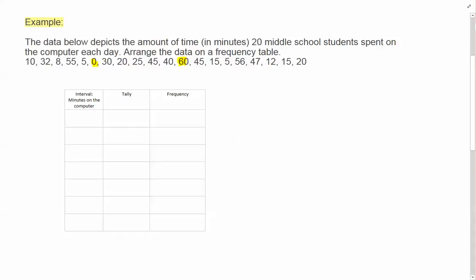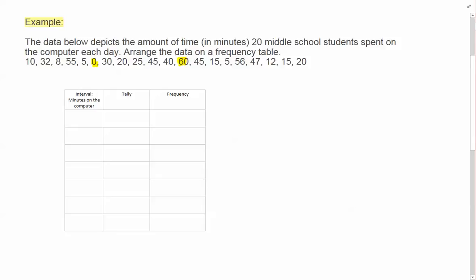If I grouped it as 1 to 30 and 31 to 60, we'd only have two pieces of information, and it's not enough detail to be informative. But we don't want intervals of 1 either, how many did 1 minute, how many did 2 minutes, and so on. So we want something in between.